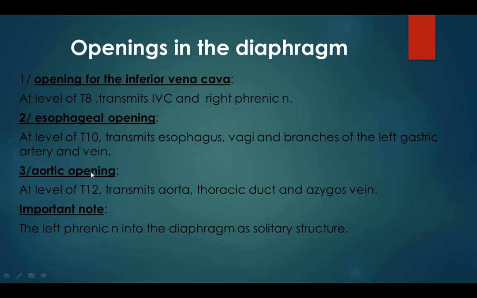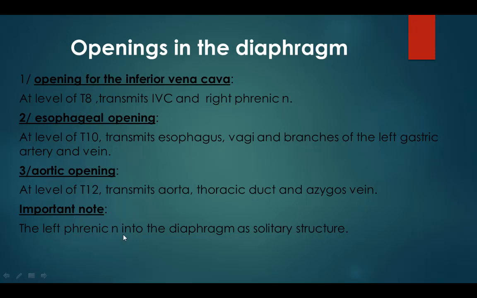And we have the aortic opening at the level of T12, transmitting the aorta, thoracic duct, and azygos vein. So 3 openings, each at a different level: caval opening at T8, esophageal opening at T10, aortic opening at T12. We should know each structure passing through each opening of the diaphragm.